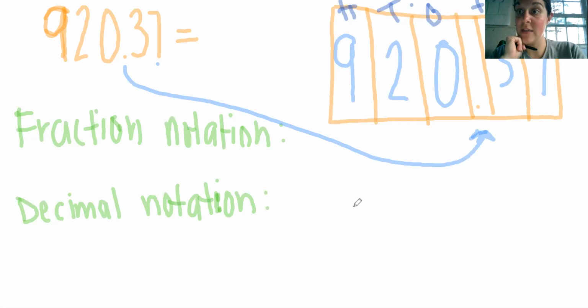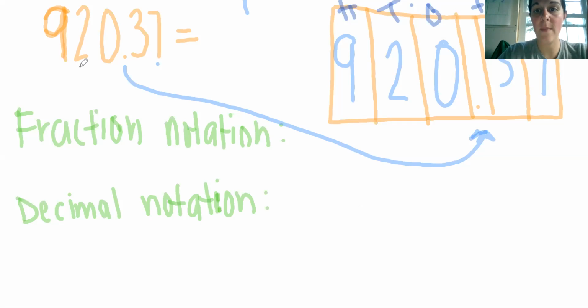920 and 37 hundredths. Now I need to represent this in fraction notation or decimal notation, which again, notation is our fancy word for expanded form, okay? So let's keep moving and grooving. Again, starting with our biggest place value, which in this case is hundreds, great job.